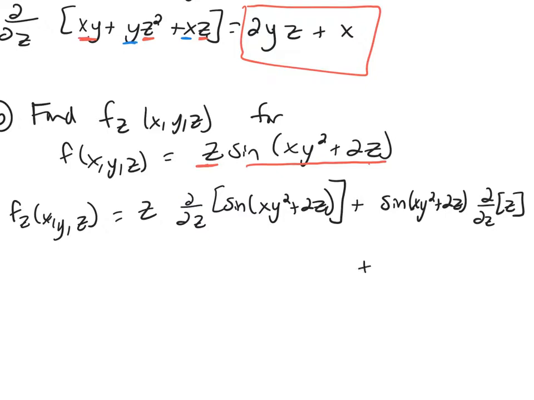Well, the derivative of z is just 1, so this is just going to become sine of xy squared plus 2z.